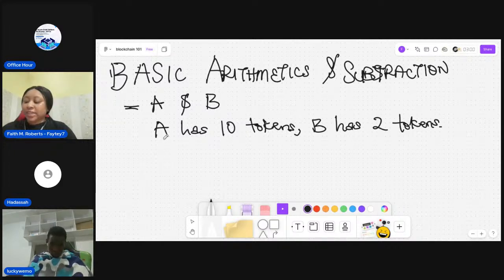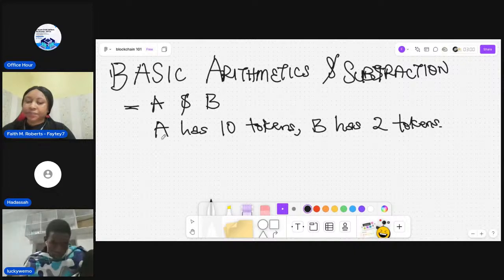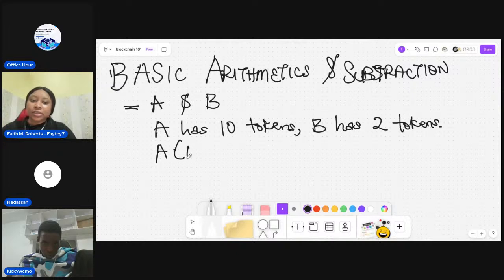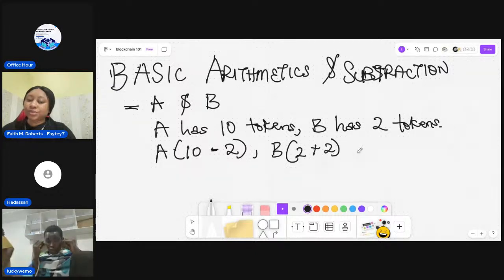So if we say that person A has sent two tokens to person B, it will be that for person A, 10 tokens minus 2 tokens. While for person B that is receiving tokens from person A, it will be 2 plus 2 tokens.